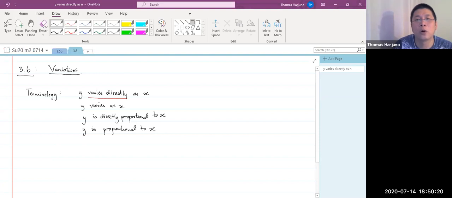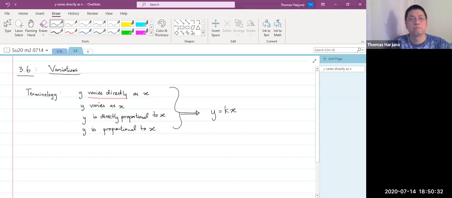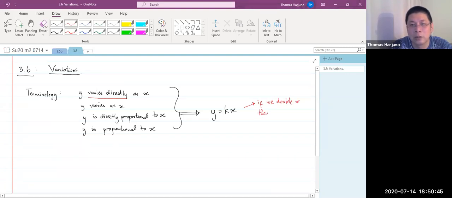Now, these four phrases here mean the following. It means y is equal to a constant multiple of x. As if you are saying that if we double the x, then the y is double too.